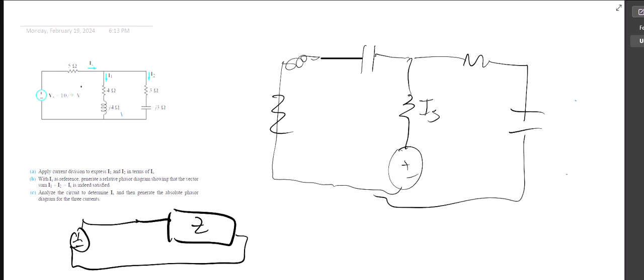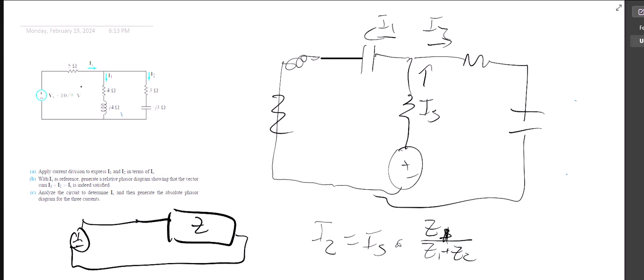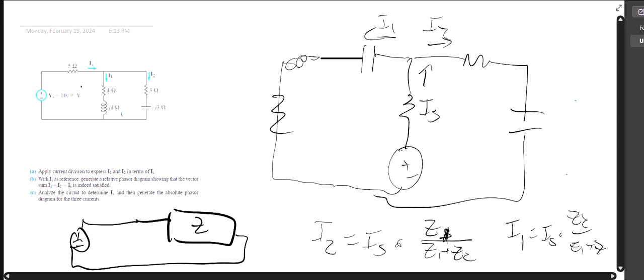I have IS right here, and it's going up and it's breaking up into I1 and I2. Then I2 equals IS times the other impedance Z1 over the sum of the impedances Z1 plus Z2, and then I1 would equal IS times Z2 over Z1 plus Z2.